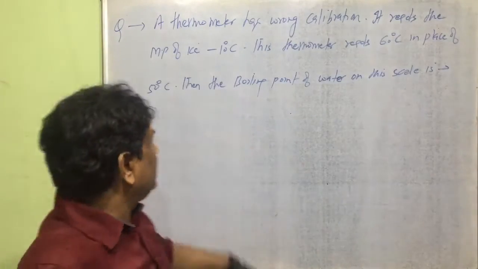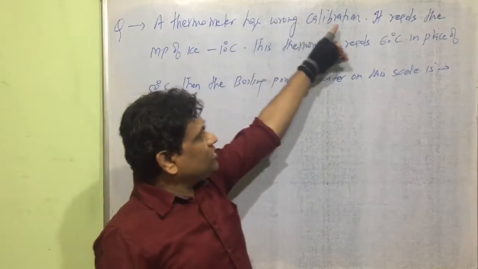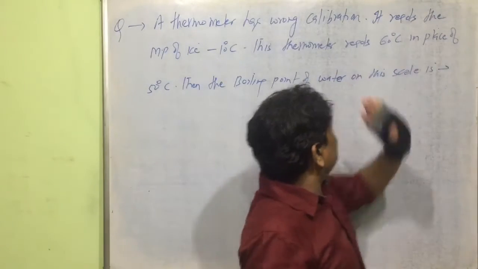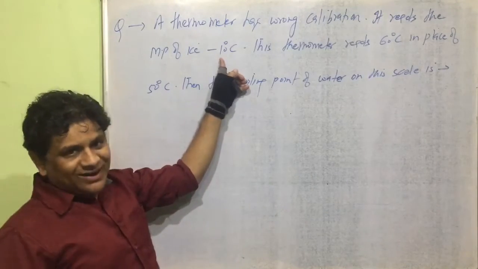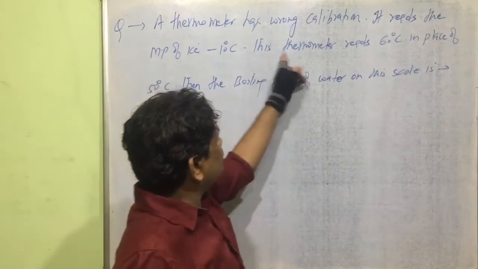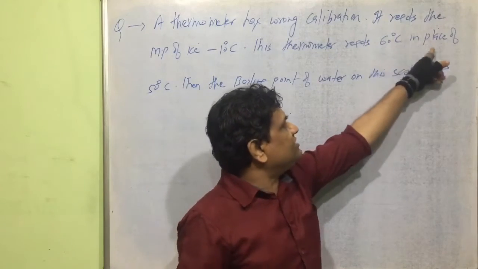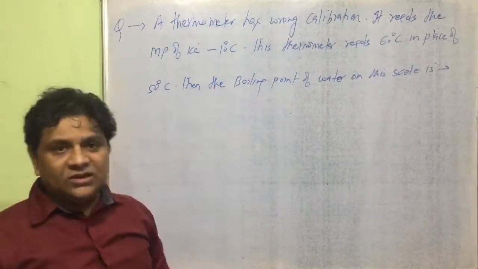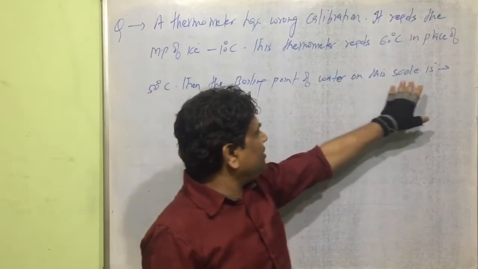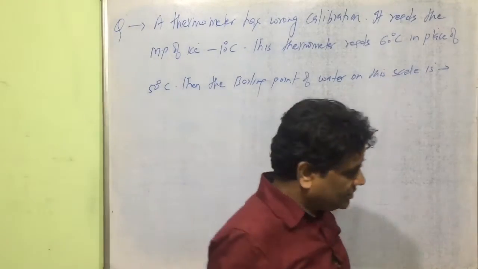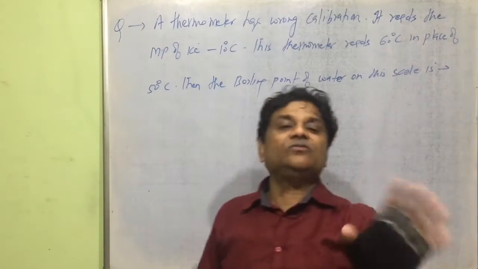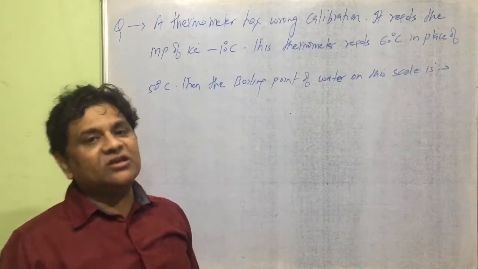Okay, one more question now. A thermometer has wrong calibration. It reads the melting point of ice as minus 10 degrees Celsius. This thermometer reads 60 degrees Celsius in place of 50 degrees Celsius. Then the boiling point of water on this scale is? Now the question is again related to the faulty scale or faulty thermometer.